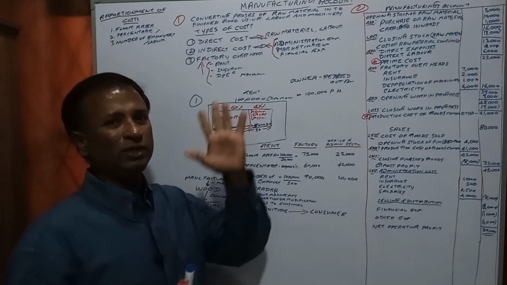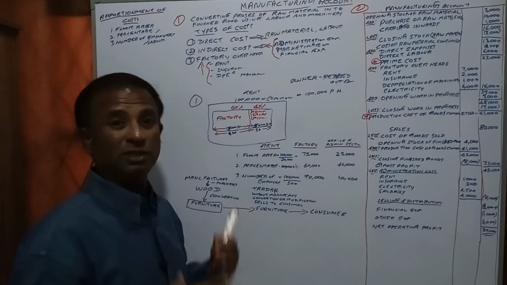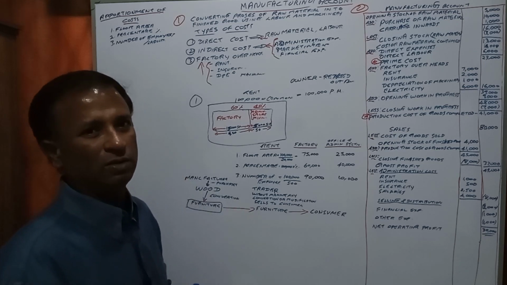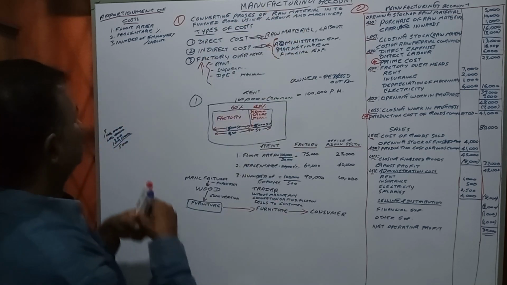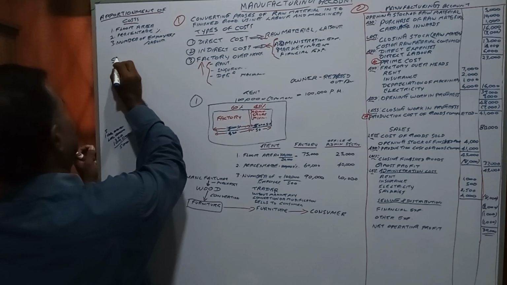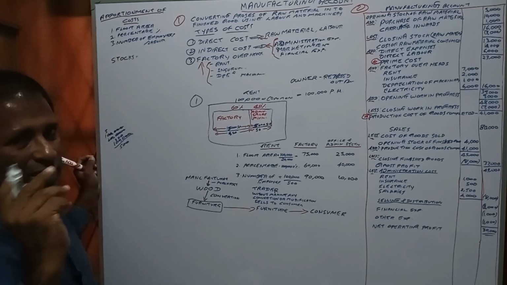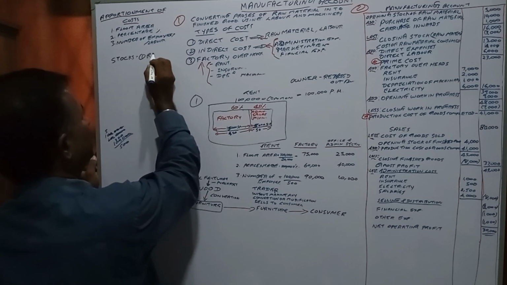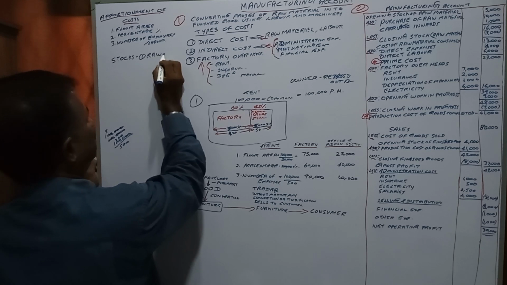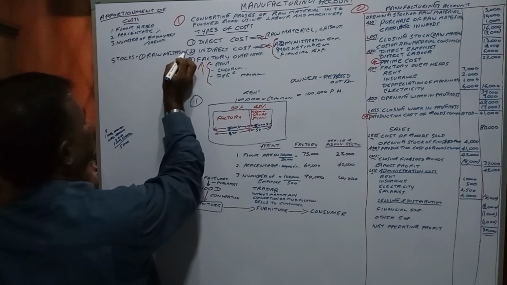Another very important area is the stocks. We have three types of stocks, right? One is raw material stock.